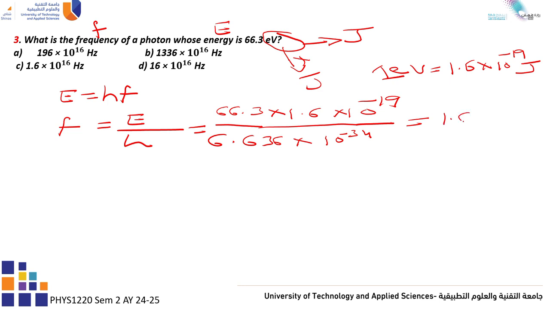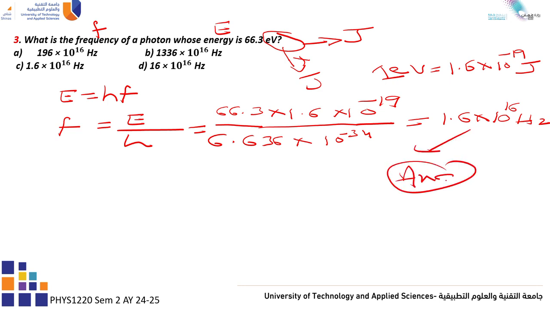It is 1.6 multiplied by 10 to the power 16 hertz. So this is the answer of this problem. It means the option number C is the correct answer here.